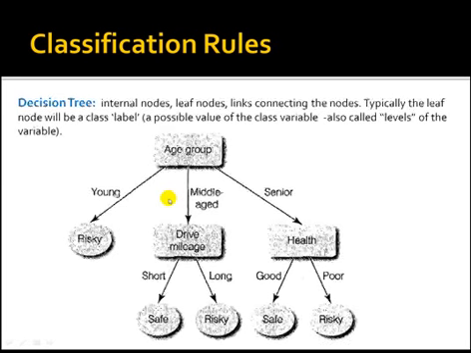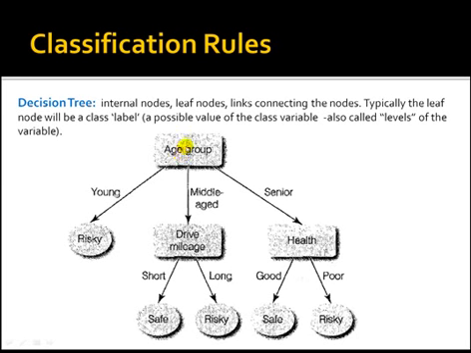Okay, more with classification rules. Decision trees. So we've seen these kinds of decision trees before. So here we have age group, young, middle-aged, and senior. So this means that the age, remember we said that the nodes are the variables.